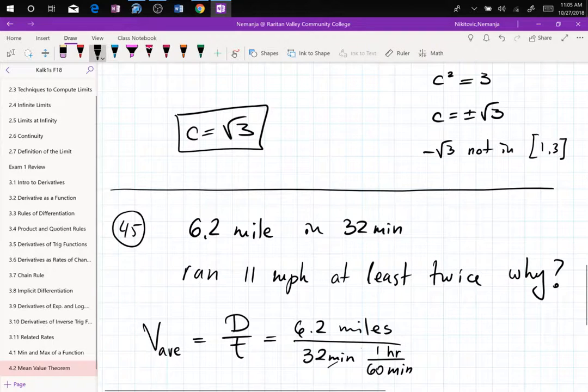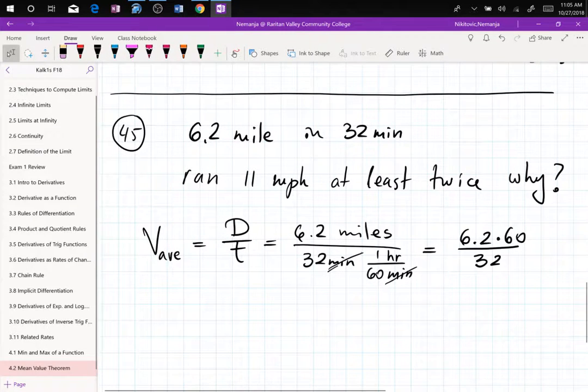So minutes and minutes will cancel, and we'll have 6.2 times 60 divided by 32. So velocity average is equal to what? Well, we have 6.2 times 60 divided by 32 to give us 11.625 miles per hour.